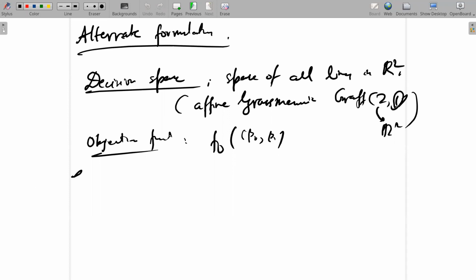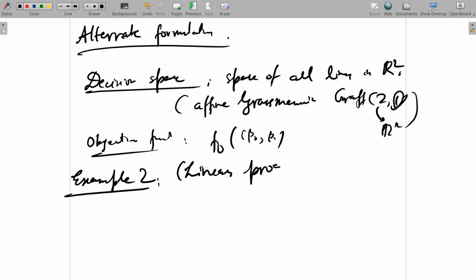The second example, example 2, is actually going to be about 50% of this course. A major chunk of this course is about linear programming. Here, typically the problem will look like: minimize something like c transpose x.